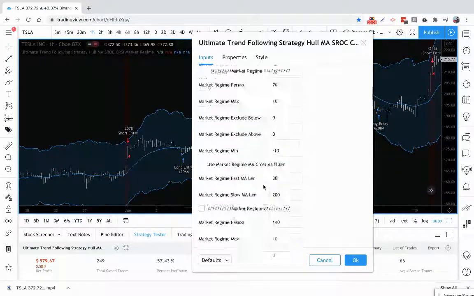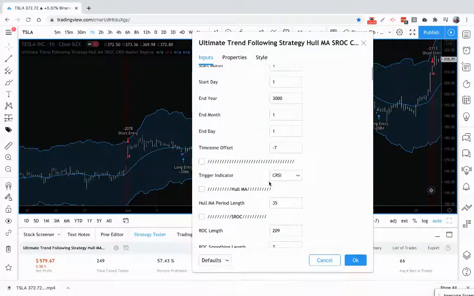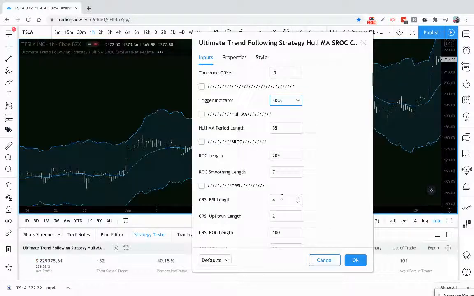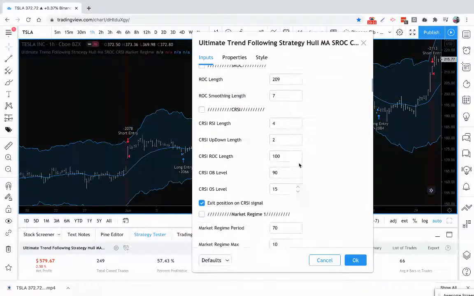You can use those both for the Connors RSI standard rate of change. This depends what indicator you choose as your trigger indicator, and then what setting you choose for either the standard rate of change, or if you're using the Connors RSI, whatever settings are down here for that.